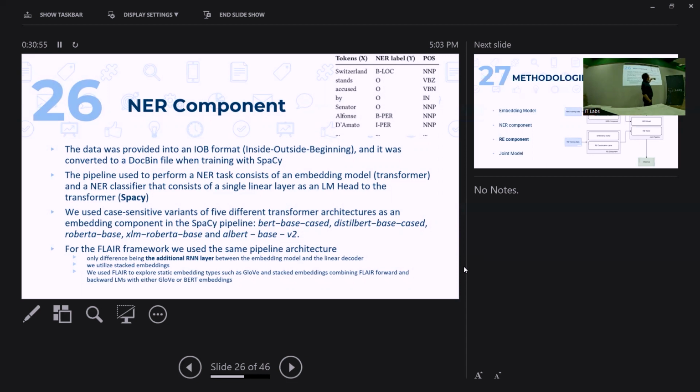It's beginning, intermediate, or out. You will notice that Switzerland is the beginning of a location, and then the next word is not an important entity. This example doesn't have anything to do with finance, but you will notice that Alphonse is a person, and he has a surname, D'Amato. That's why you have an intermediate tag before the PER, which means a person.